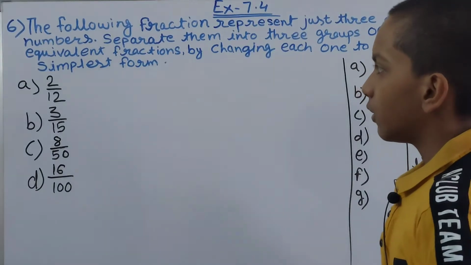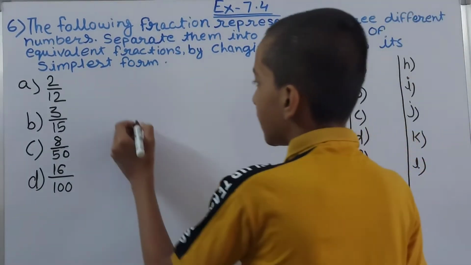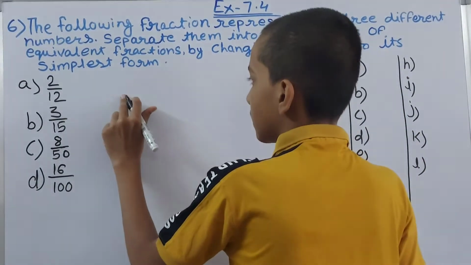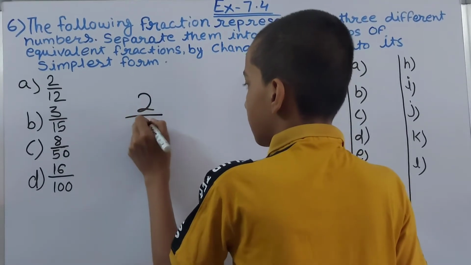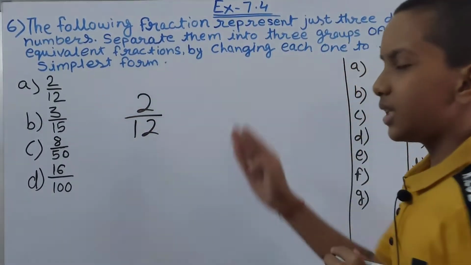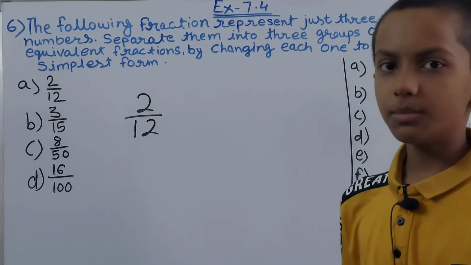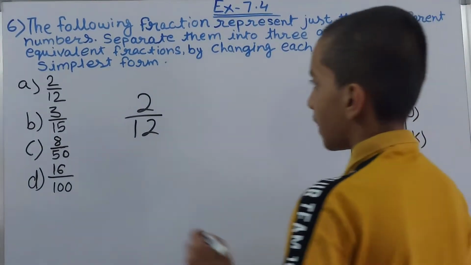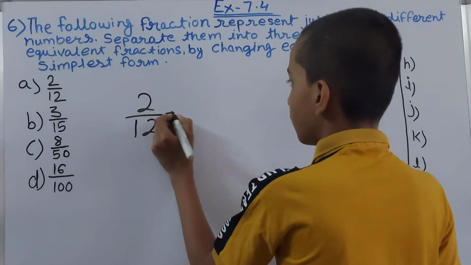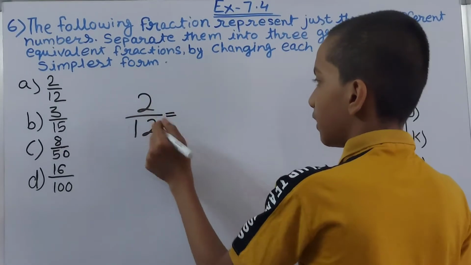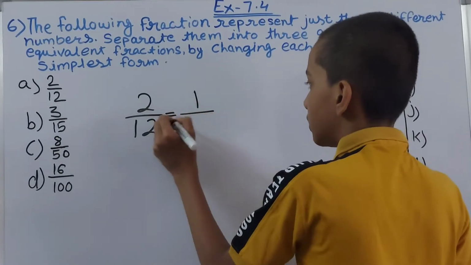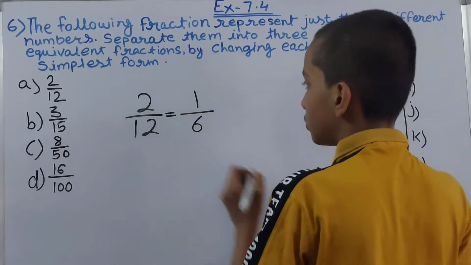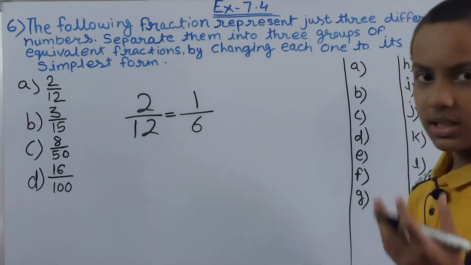Okay. So first one, A part right here is, as you can see, 2 upon 12. Now obviously this is not in its simplest form, so we will need to simplify this. So 2 upon 12, both of them will go by 2. 2 goes 1 time by 2 and 12 goes 6 times by 2, that is 1 upon 6.